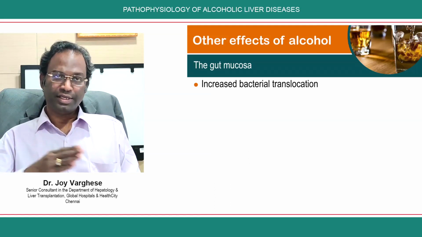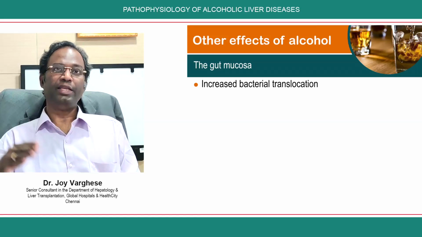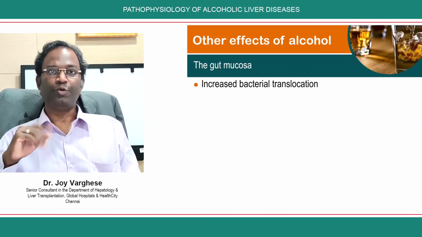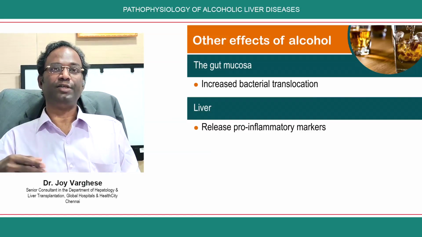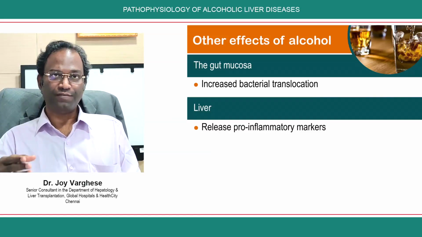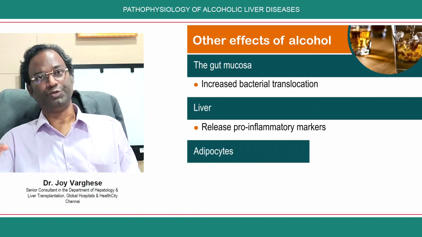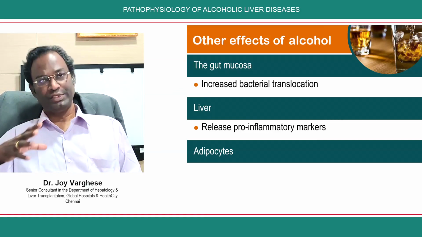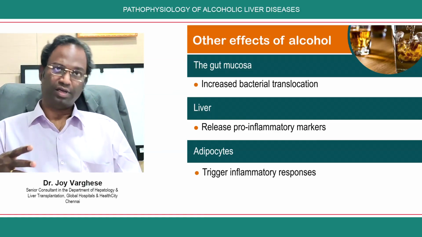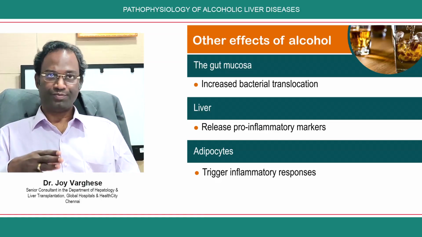This is carried through the portal venous circulation to the liver, where it releases more and more pro-inflammatory mediators. At the other end, alcohol has a direct action on the adipocytes. That is why in obese people who drink alcohol, the related liver damage will be greater.